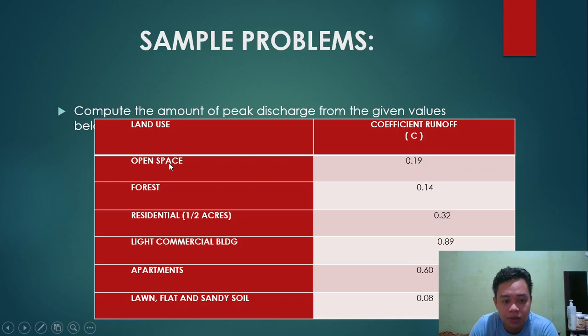For land use, we have open space, the coefficient is 0.9, forest is 0.14, residential with 1.5 acres, 0.32, light commercial buildings, 0.89, excuse me, apartments, 0.6, lawn, flat, and sandy soil with 0.08.